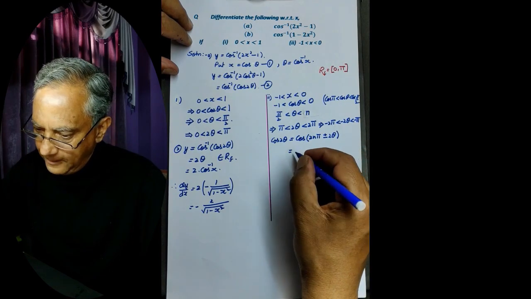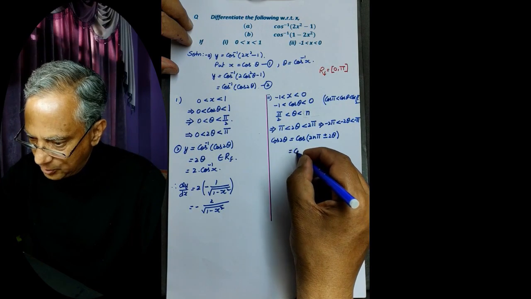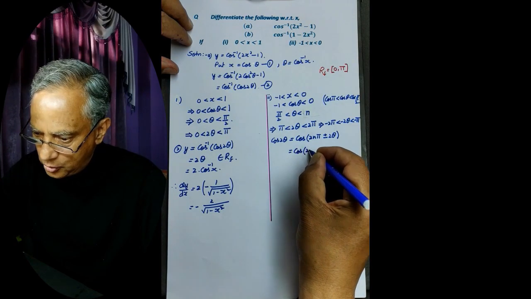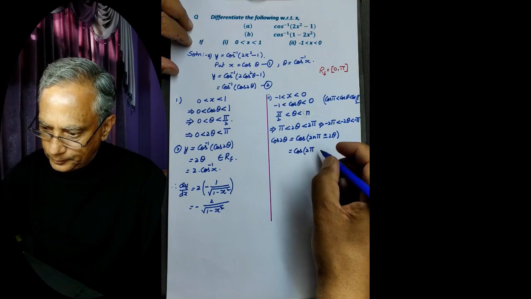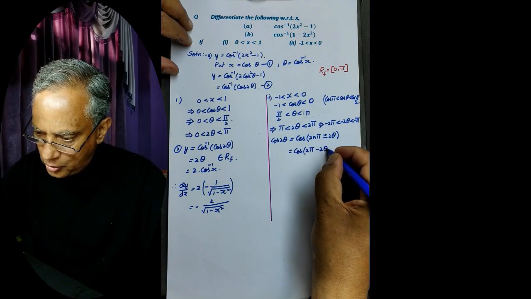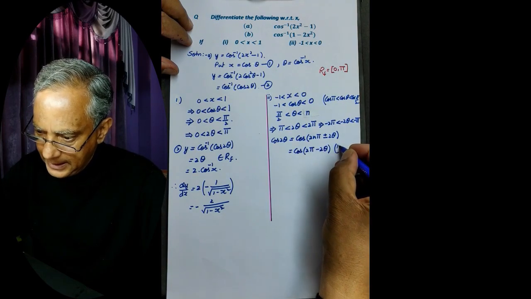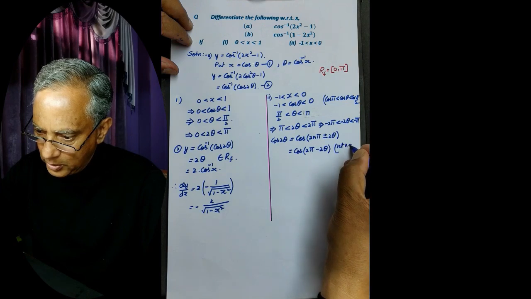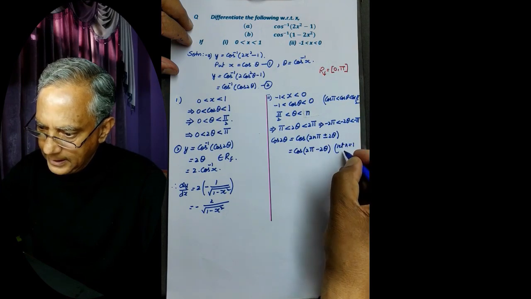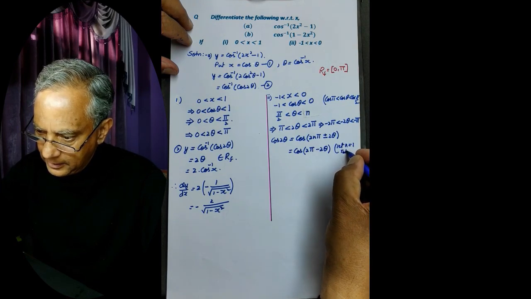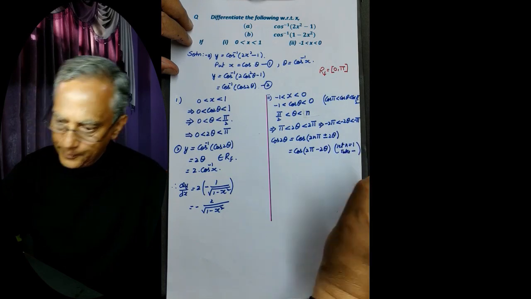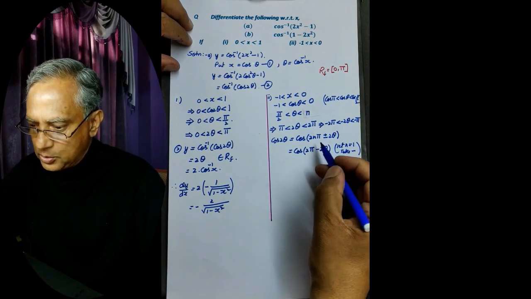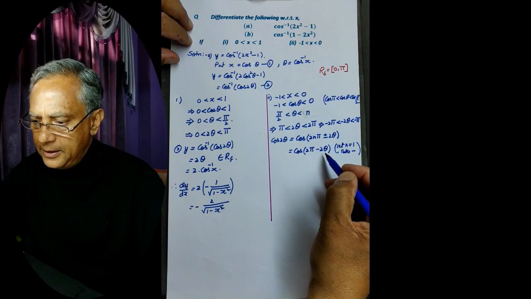So cos of 2 pi minus 2 theta, let n be equal to 1 and take the minus sign, will be equal to 2 pi minus 2 theta.